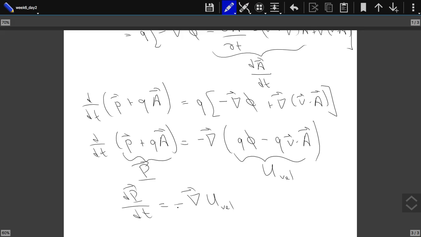This is our equation of motion for a charged object in an external electromagnetic potential.